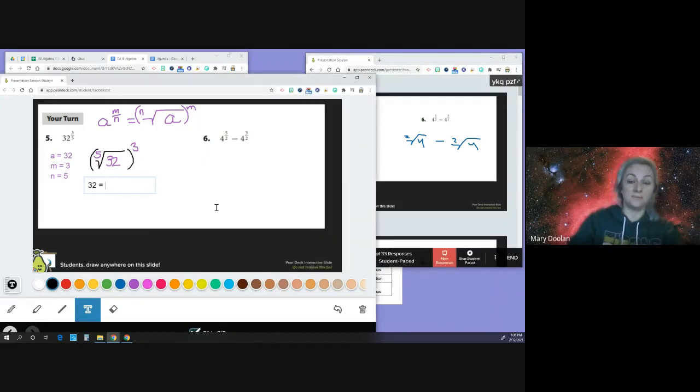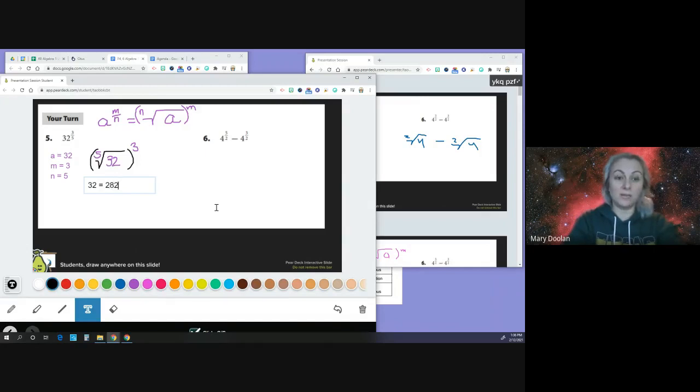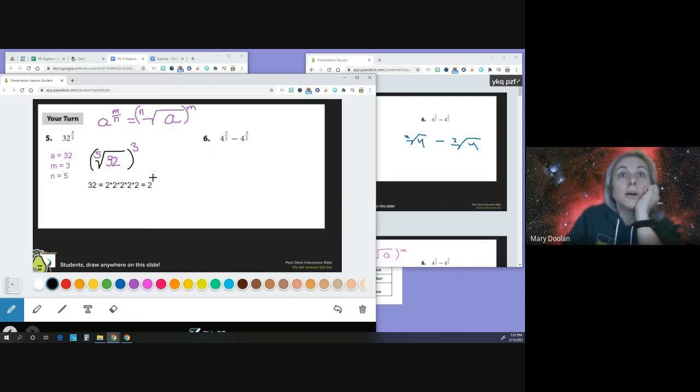So 2 to the 5th power is equal to 32, because 2 times 2 times 2 times 2 times 2 is 2 to the 5th power.